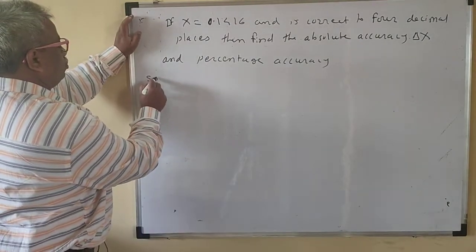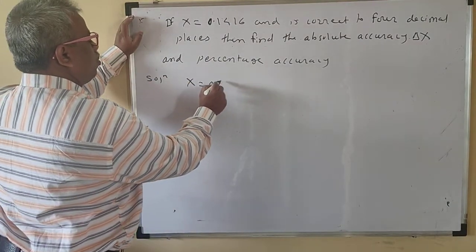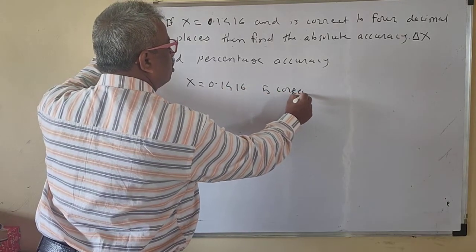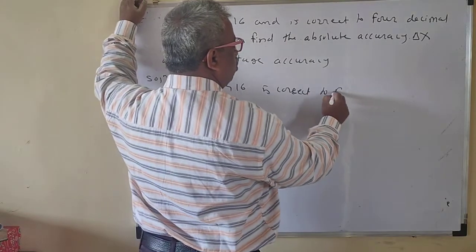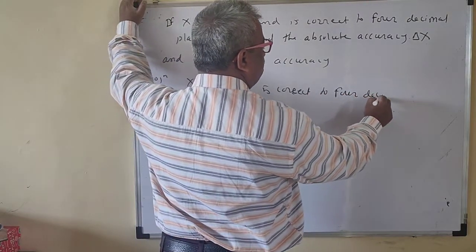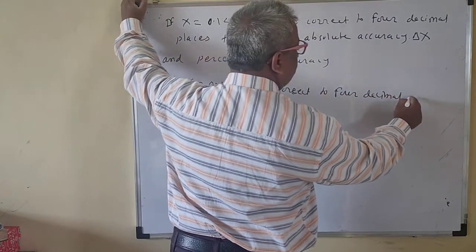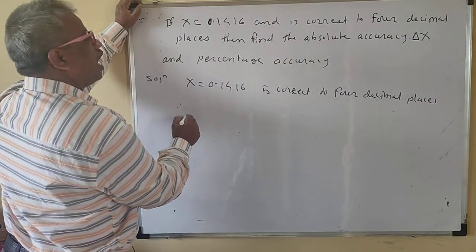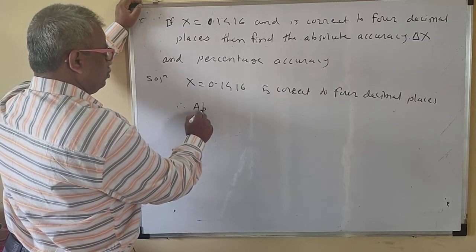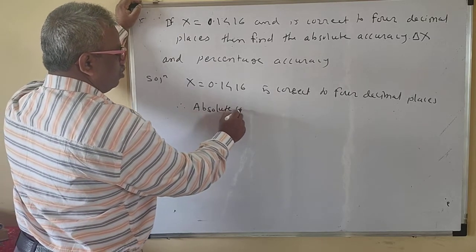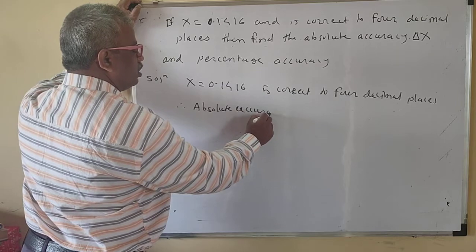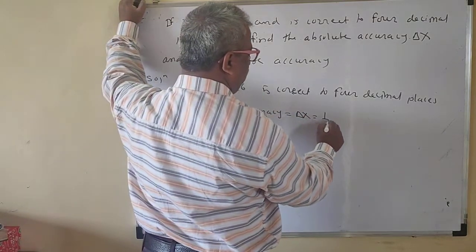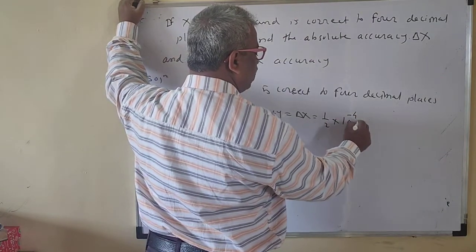Okay, solution. X is equal to 0.1416 is correct to 4 decimal places. So therefore absolute accuracy is equal to delta x is equal to 1/2 10 raised to minus 4.